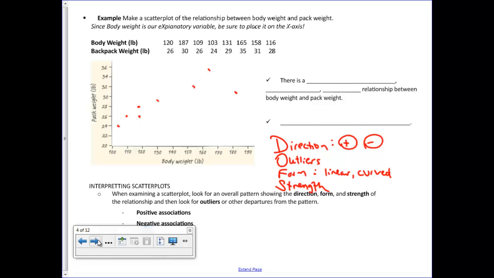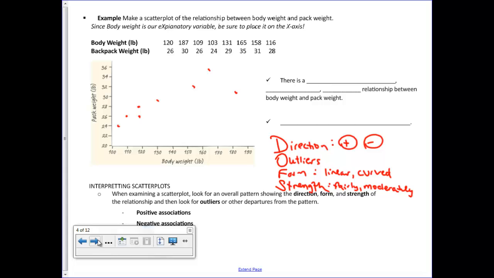Straight line, curved is curved, right? Strength, sometimes it will be fairly weak, or you might say moderately strong. We're going to use these words to help us describe it. It's either really weak, it might be fairly weak, it might be moderately strong, or it might be really strong, very strong, extremely strong.